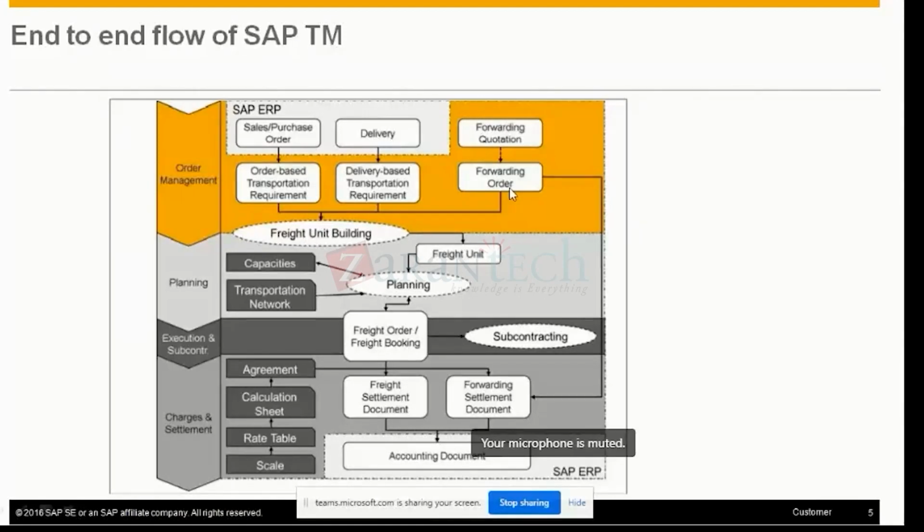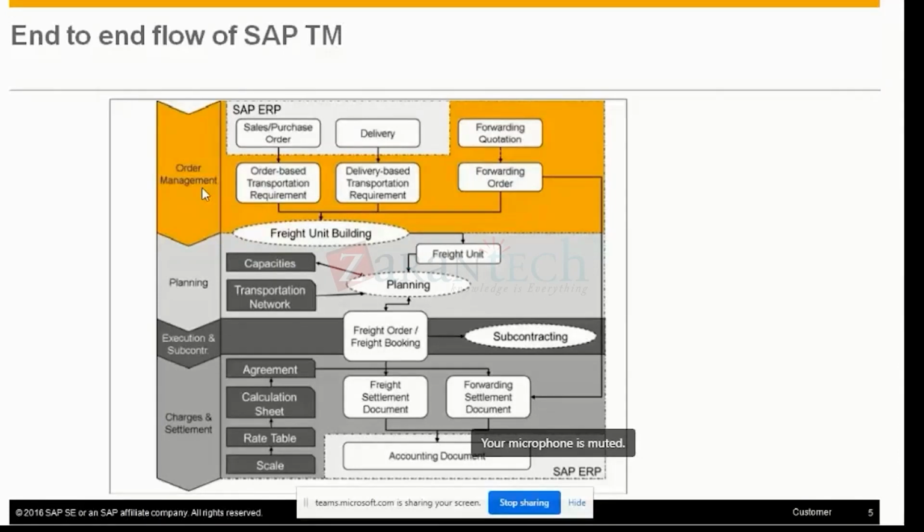So based on these different order or delivery documents, the requirement or the demand for generating a transportation process execution is done in order management. Okay. Any question on this order management part? Clear to everyone? Yeah, it's clear. Okay.